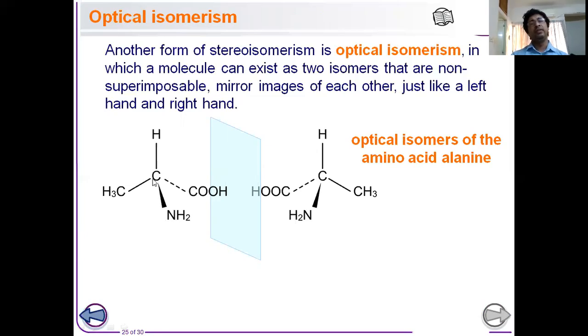You can see that in this example, this carbon contains hydrogen, CH3, NH2, COOH. So 4 different types of species surround this carbon. So this carbon is called a chiral carbon. These are not superimposable.